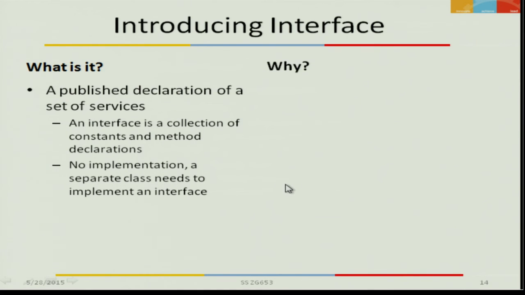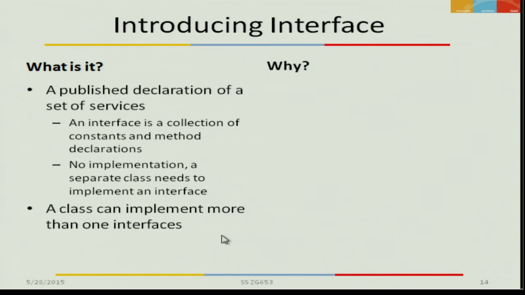Of course, in C++ that's also true, but what happens in C++ is that in one class you define the declaration and in another class you provide the implementation. In Java, it uses something else called an interface, and an interface is not really a class. So a class can implement one or more interfaces. That's important.